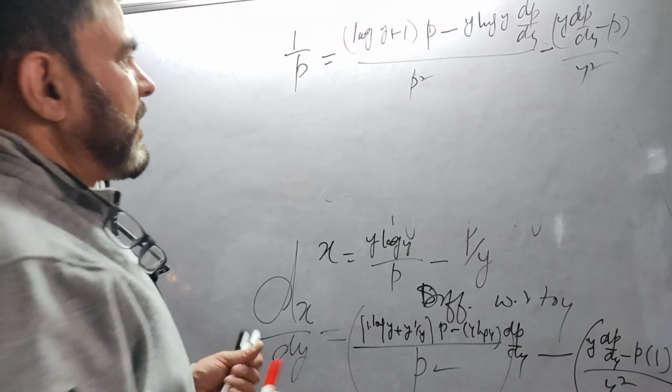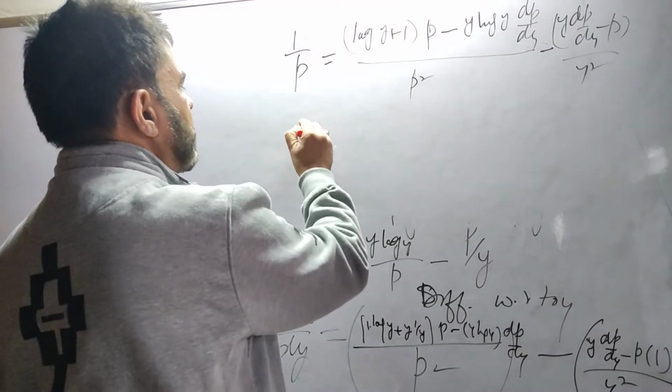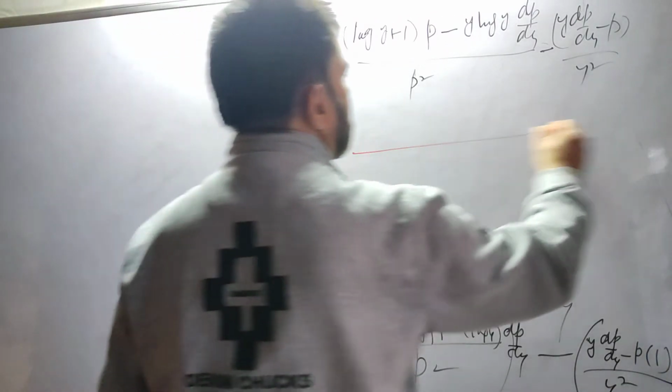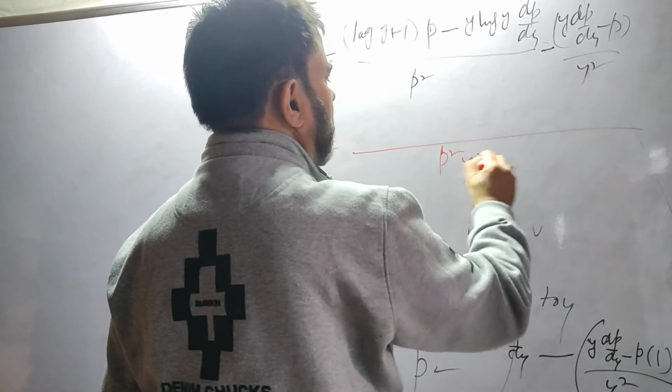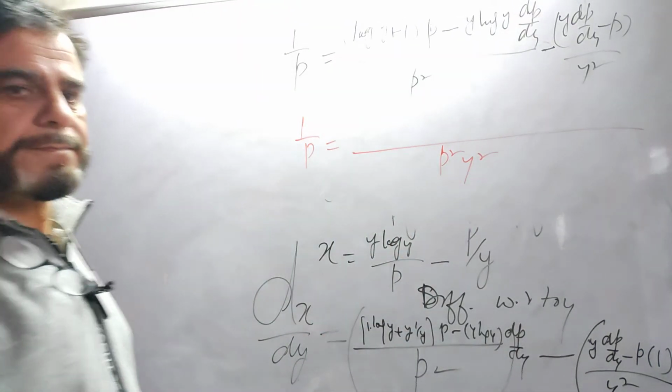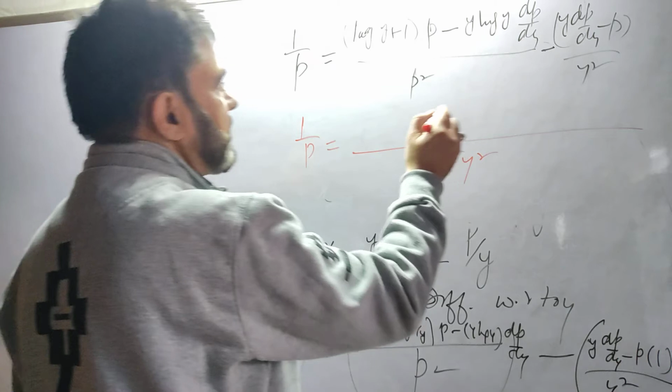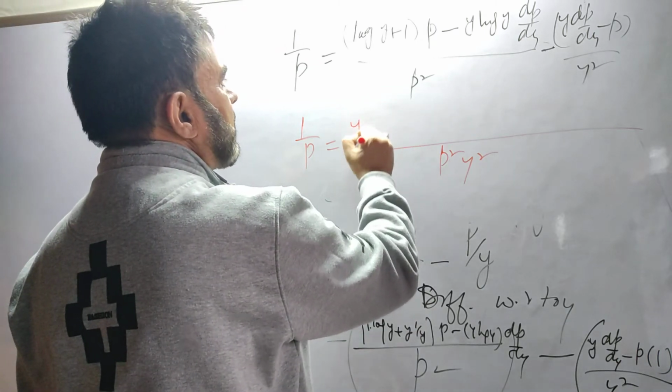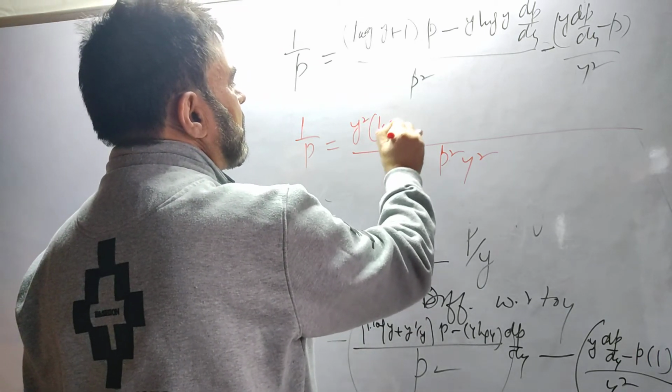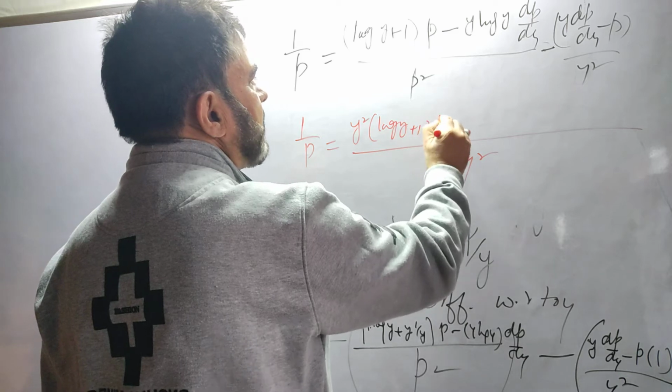You can take p square y square LCM. It is 1 by p. Take LCM here, p square y square. This is y square into log y plus 1 into p.